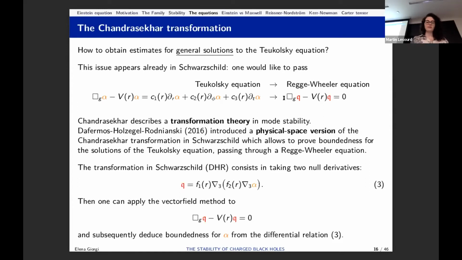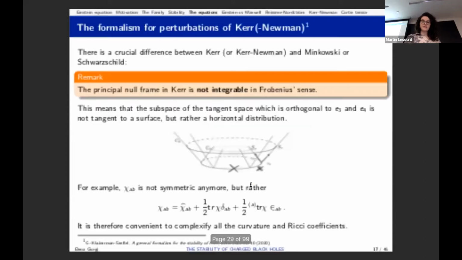So you can apply the vector field method and obtain many things, also the decay and properties about this Q, and then you can deduce from Q information about alpha, from the way Q is defined as a differential, as two derivatives of alpha. Very roughly, that's how it goes.